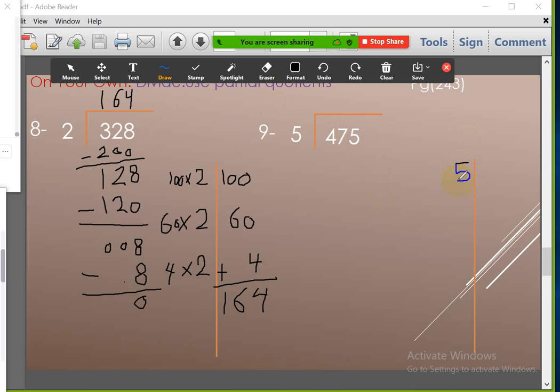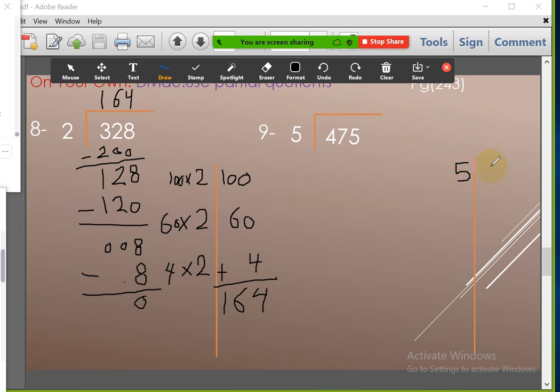Which number will I choose? Look, if you choose 100, 5 multiplied by 100 equals 500. 500 is greater than the dividend 475, so I can't choose 100.